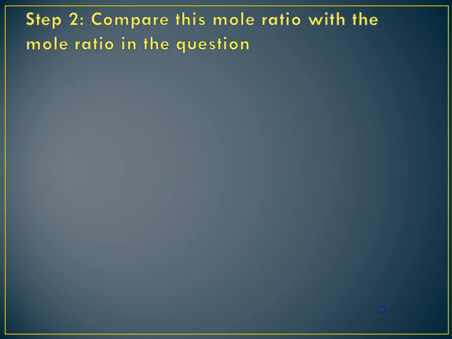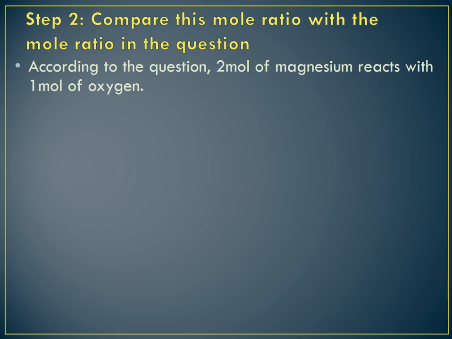Now what do we do? Step 2, compare this mole ratio with the mole ratio in the question. According to the question, 2 mole of magnesium will react with 1 mole of oxygen because we had 2 Mg plus O2 going to 2 MgO. So we can see that we've got a 2:1 ratio.